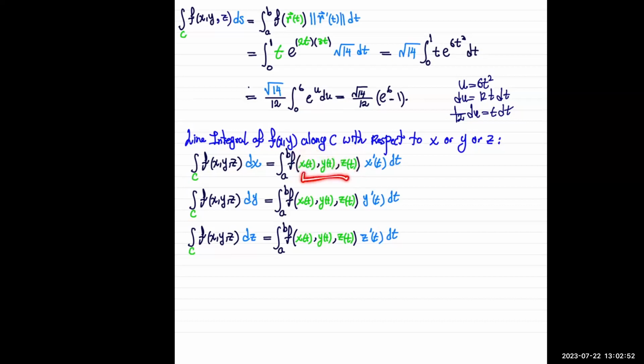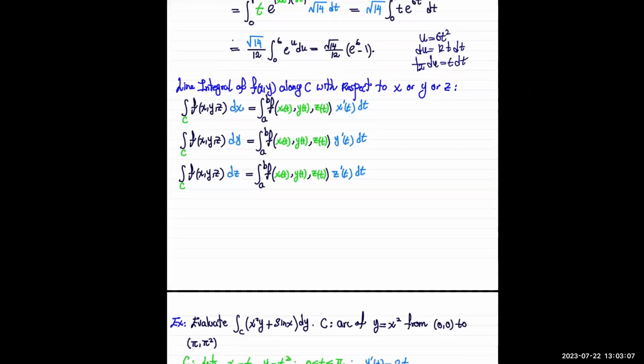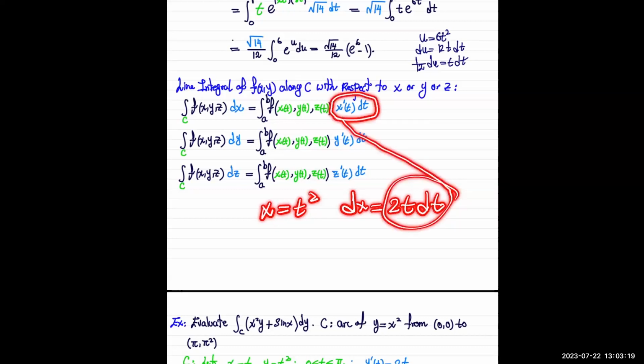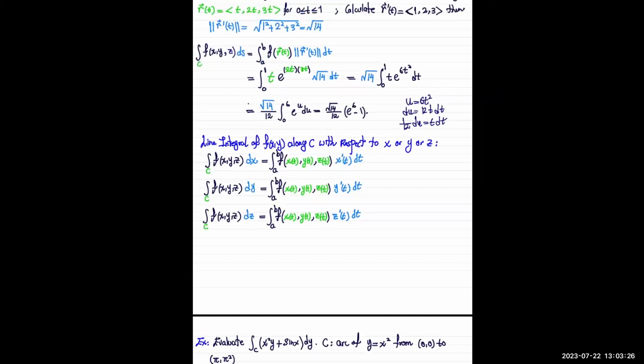You plug the curve into the function. dx is going to be x prime dt. So for example, if x is t squared, dx would be 2t dt. That would replace ds. In this case, dx is x prime of t dt.